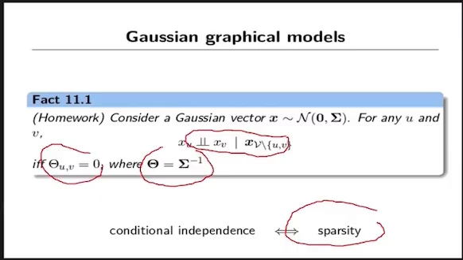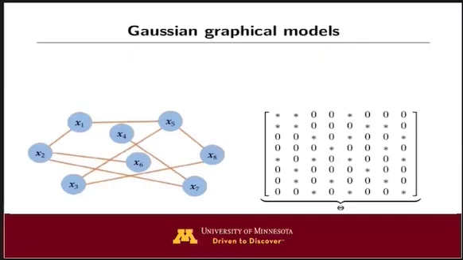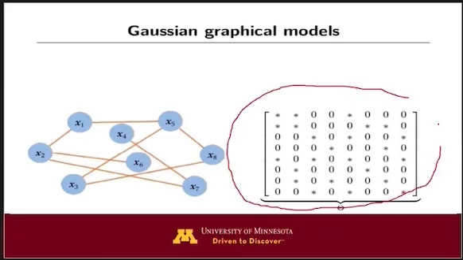Now take a look at this. At the end of the day, if I have so many variables and I've used lasso, the precision matrix is going to look like this. Where you have a star, it means the value there is non-zero.